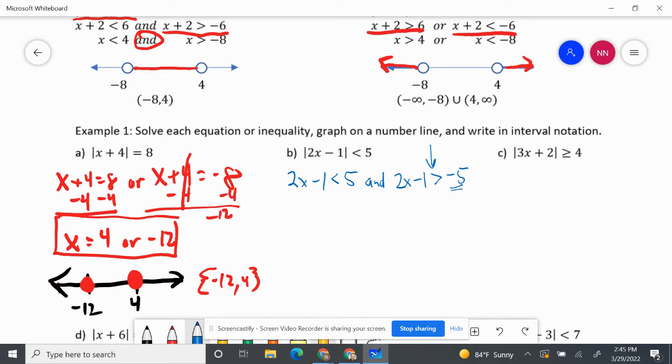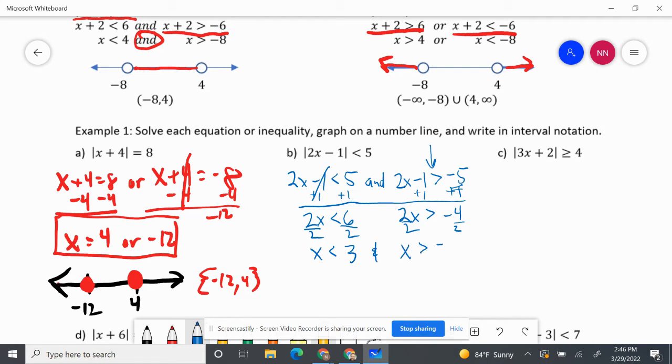When we're solving it, we're going to add the 1. And I kind of like to solve them both at the same time. You don't have to do that. And that gives me 2x is less than 6 and 2x is greater than -4. Then I divide it by 2. And when I divide it by 2, I get x is less than 3 and x is greater than -2.